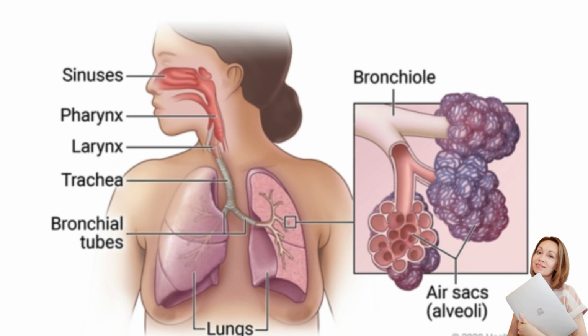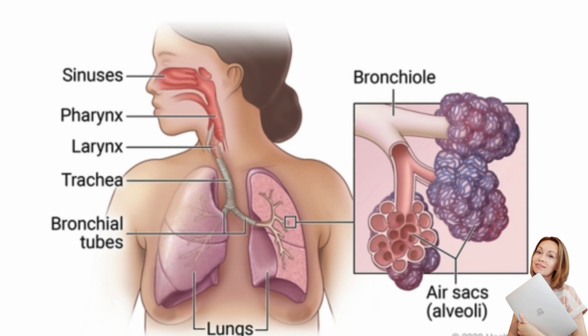Now let's look at how our air enters the lungs. So let's look at the picture. We use our nose or mouth for breathing. Also we have sinuses and then pharynx, larynx, trachea, bronchial tubes, and our lungs.